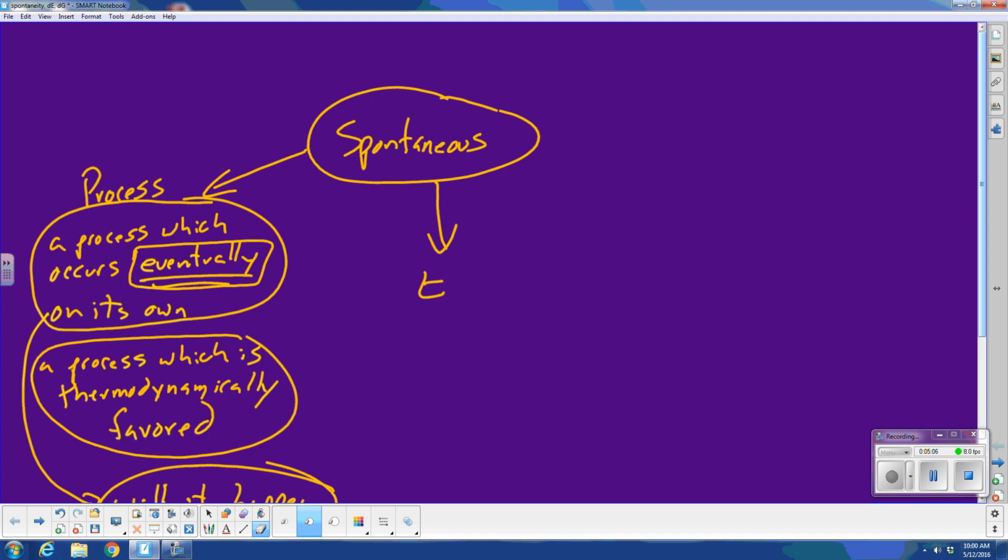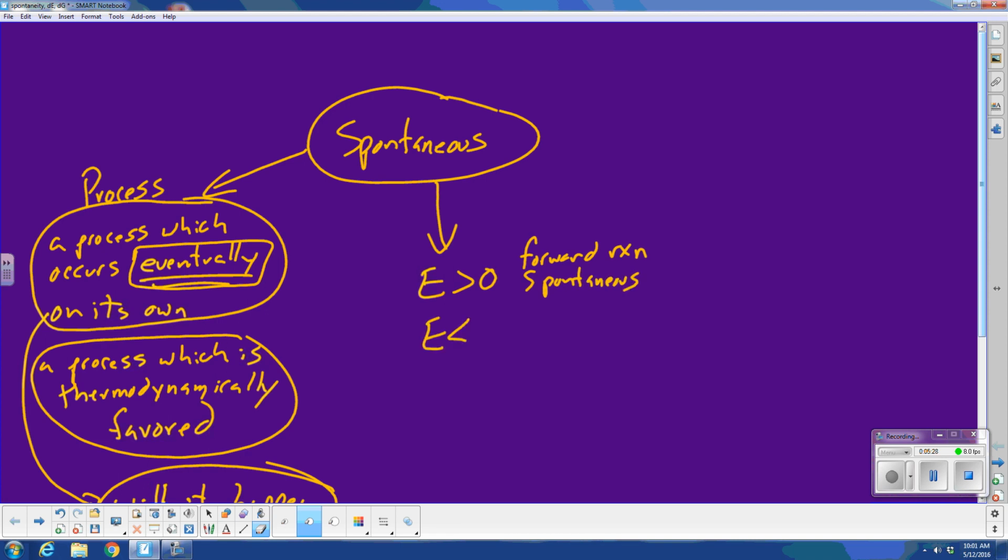and we can calculate spontaneity using our E cell, right? Or E, let's just go with E prime, right? With E prime, or really with just E, right? If E is positive, then the forward reaction is spontaneous.